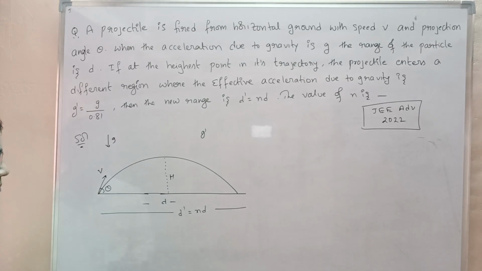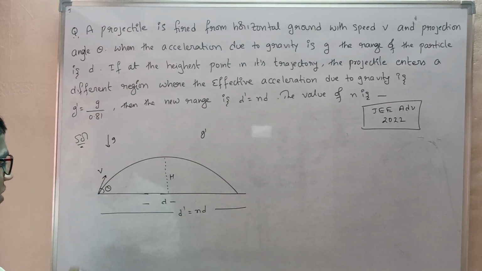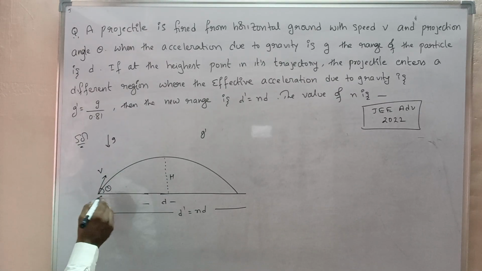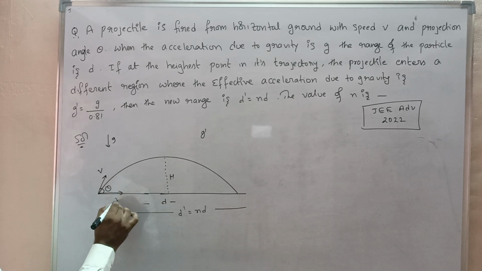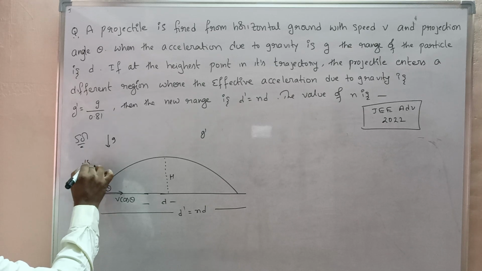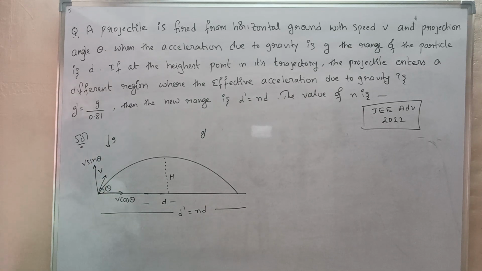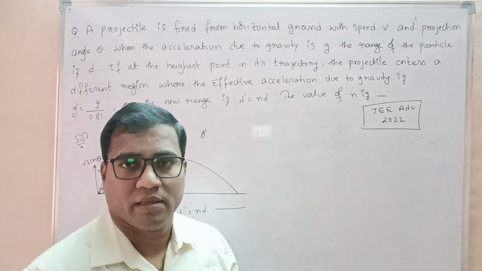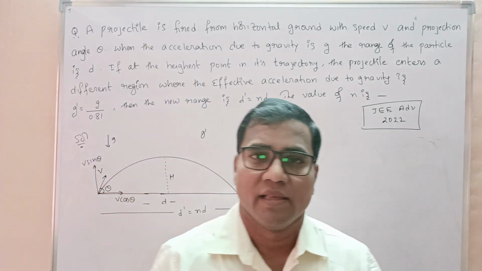See, when a body is projected with some speed v, let's resolve into components: along the x-axis it is v cos theta, and along the y-axis it is v sin theta.